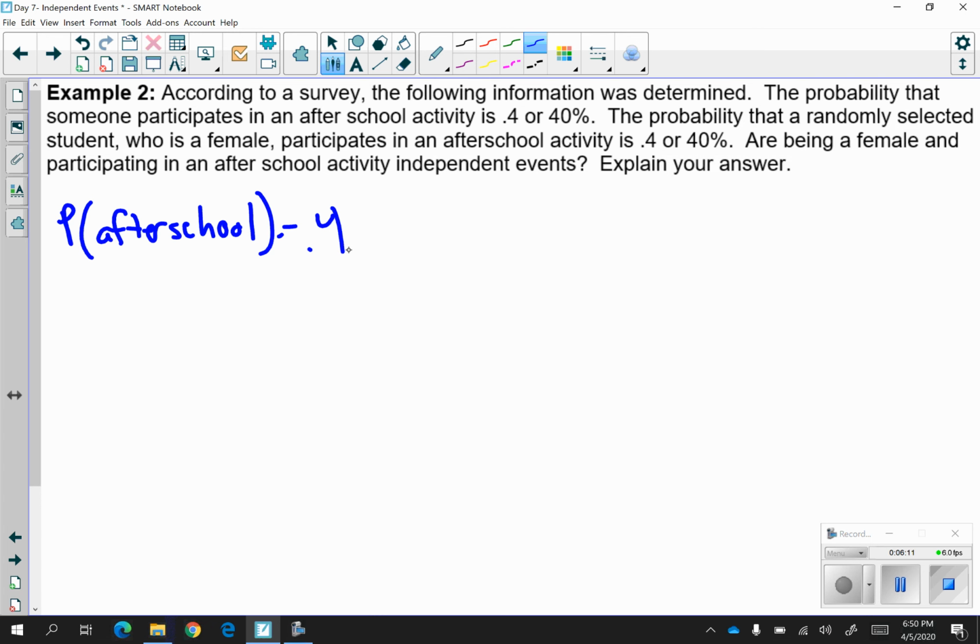Now, the probability that a randomly selected student who is a female participates in an after-school activity is 0.4, or 40%. Keep in mind that this is your condition. So they're giving us the probability of after school given they're female.